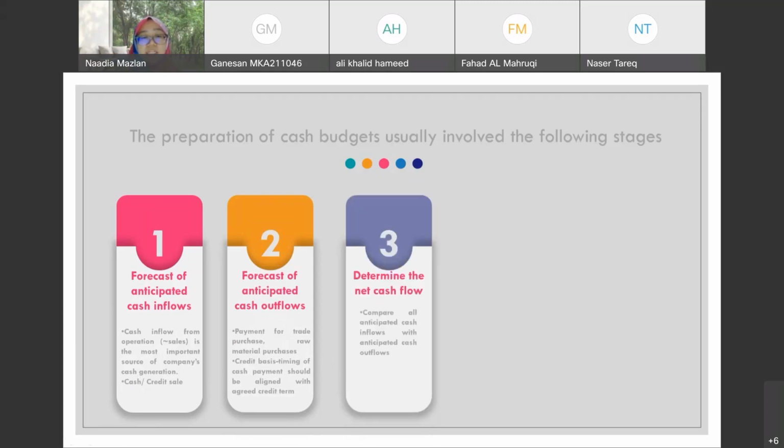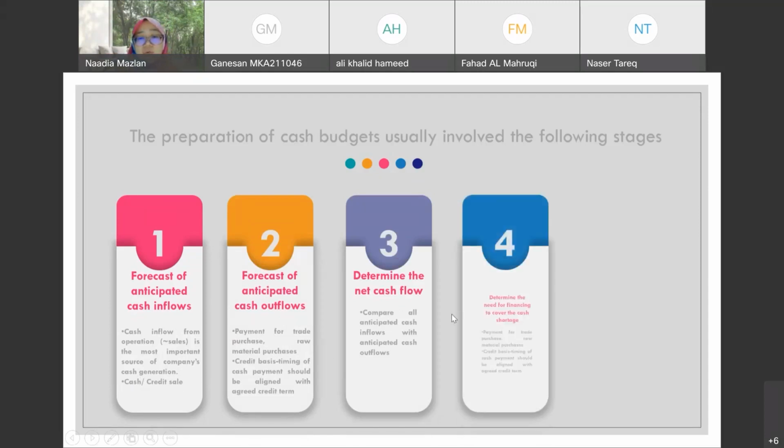And third is to determine the net cash flow: cash inflow minus cash outflow. And then you will get financing to cover if there is a shortage. Do you need to borrow money when your net cash flow is negative? Okay, so you need to determine it.